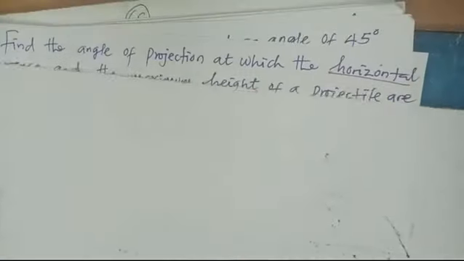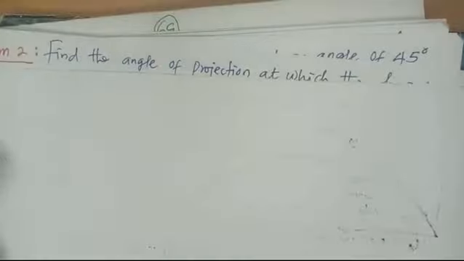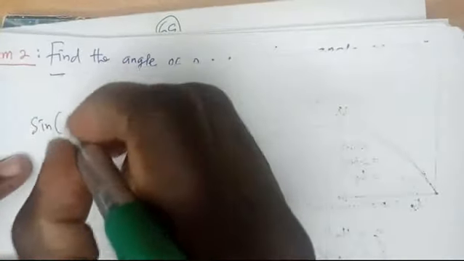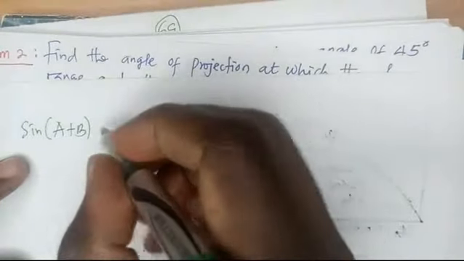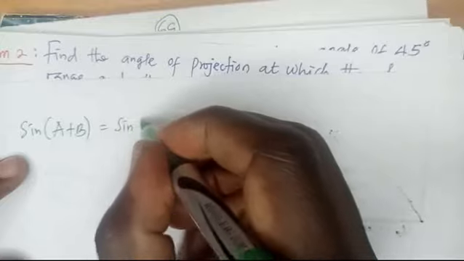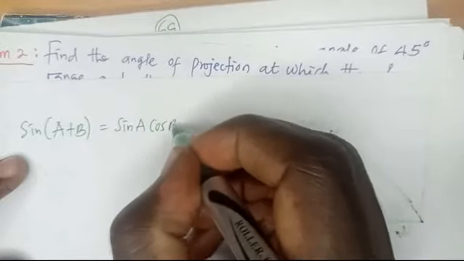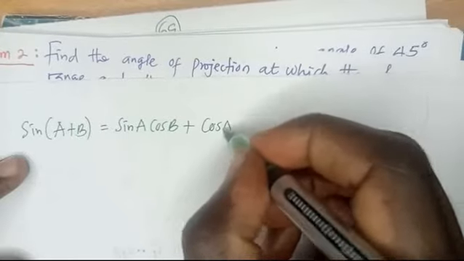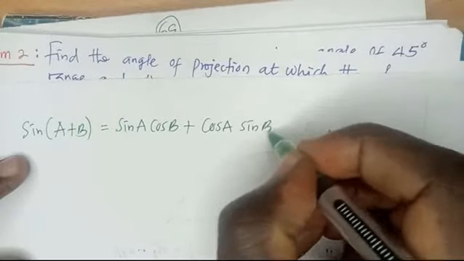You see, in mathematics, there is what they call compound angle. If you have sine of a plus b, where a and b are both angles, they say this is equal to sine a cos b plus cos a sine b.